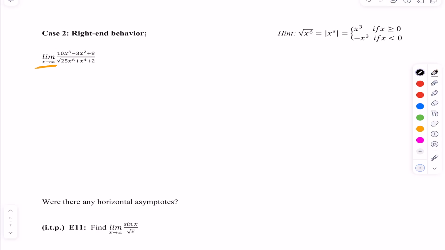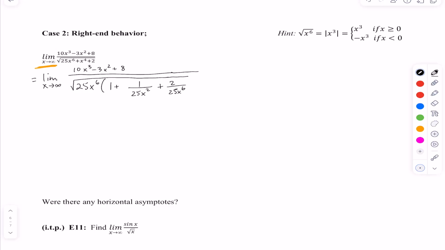So let's recap that algebra again. This time, x is approaching infinity.